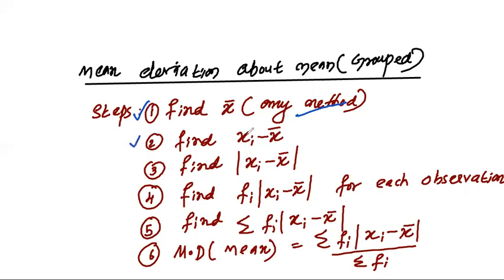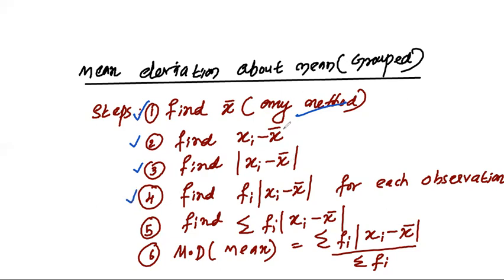After that, similar to the previous case, from each xi value we have to subtract x bar, the mean which we got in step number 1. After finding xi minus x bar, you have to take its modulus. It will give you only positive values.